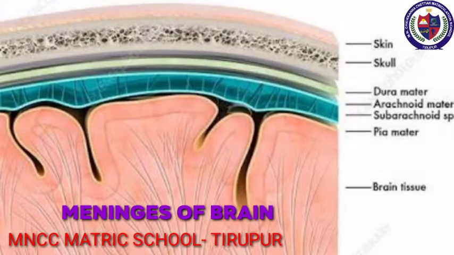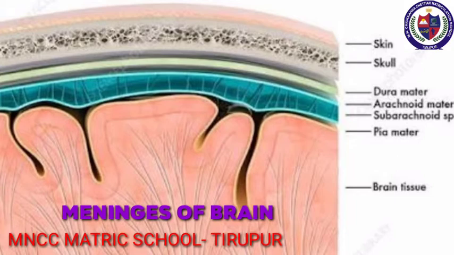The brain is the controlling center of all the body activities. It is covered by three connective tissue membranes or meninges: dura mater, arachnoid membrane, pia mater. Dura mater. Dura means tough. Mater means membrane. It is the outermost thick fibrous membrane.